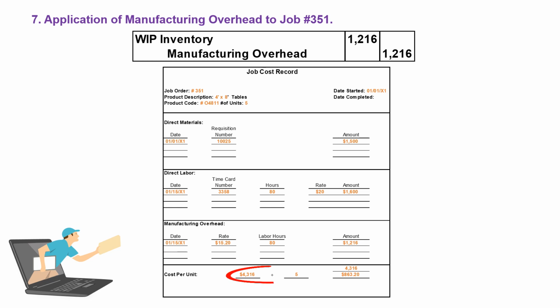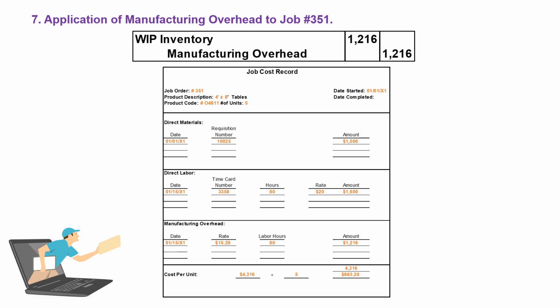If you take the $4,316 and divide it by 5, we come up with our best guess of the cost per oak table to manufacture. It cost us a little over $863 to make one table. Now we know the material cost and the labor cost; it's the overhead cost that makes it a little mushy, but we think we've got a good method of estimating how much was associated with these tables.